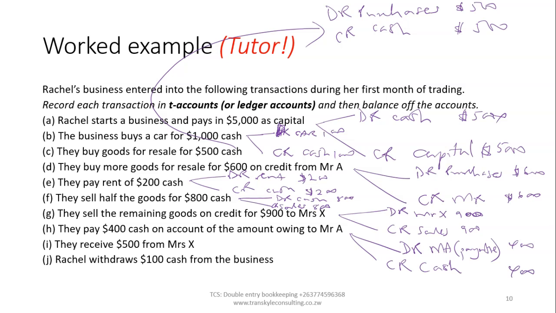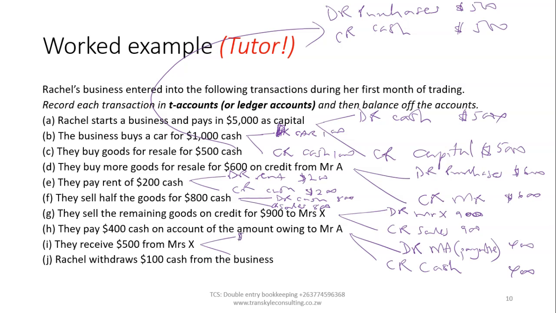Which account is now left? They receive $500 from Miss X. Miss X was a receivable, if you still remember. We sold the goods on credit for $900, but here we are receiving $500.